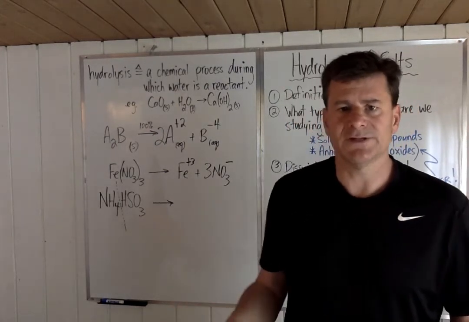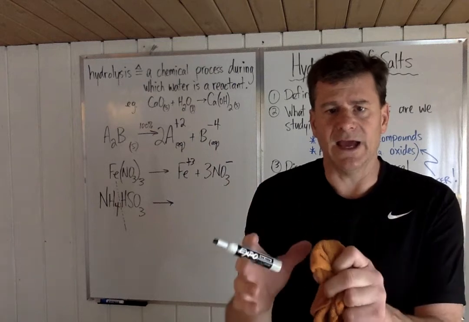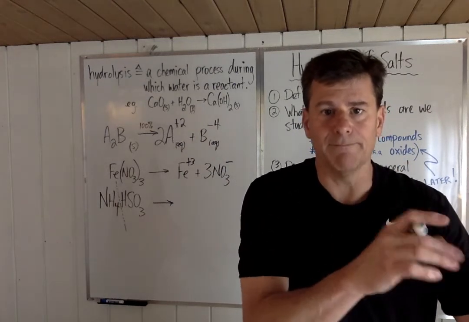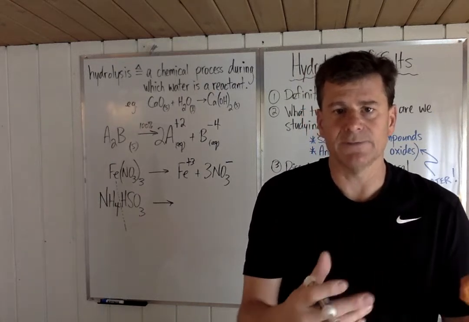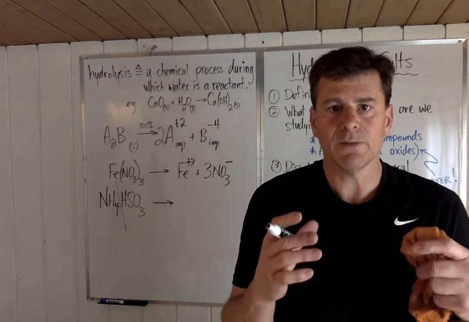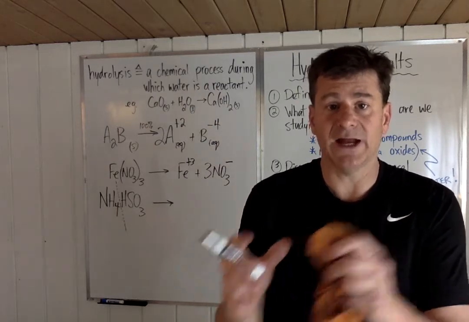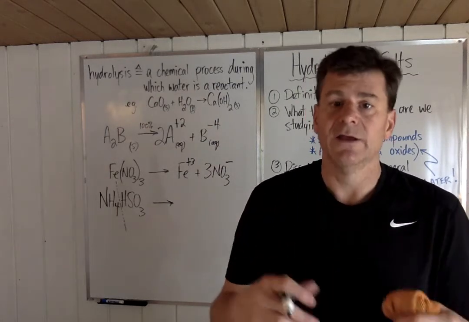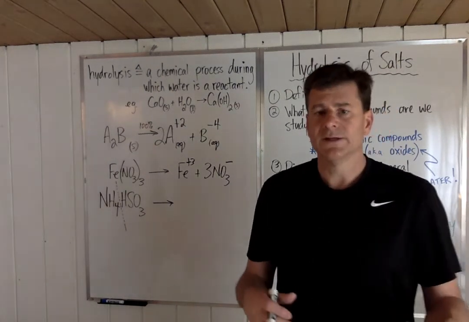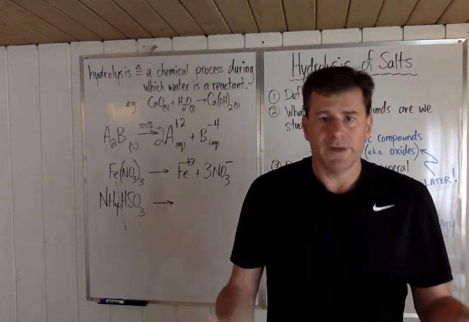Whenever you're doing a dissociation equation, you get a cation and an anion. Now you might get multiples of them because they've got subscripts, and within the formula, that's the proportion. But there should be a single type of cation and a single type of anion, certainly for the things we're doing here in Chem 12. Okay? So don't overthink it.